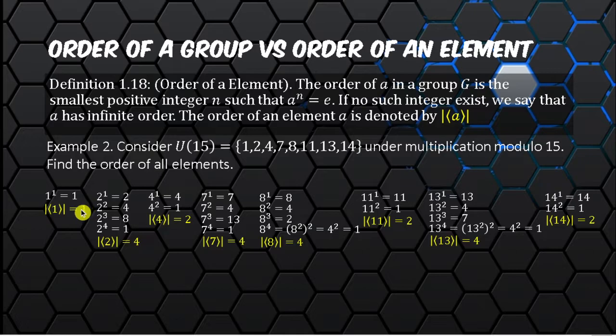Kaya, 1 yung order ng element generated by 1. Dito, apat na beses tayo nag-evaluate para makuha natin yung identity element. So, the order is 4. Ito, 2. 4, 4, 2, 4 din at saka 2.